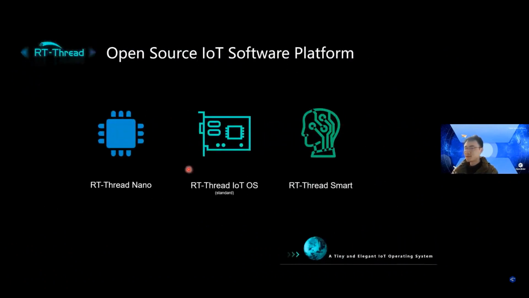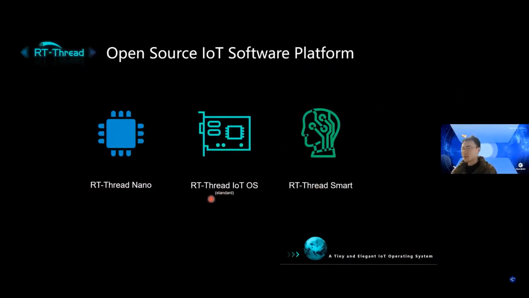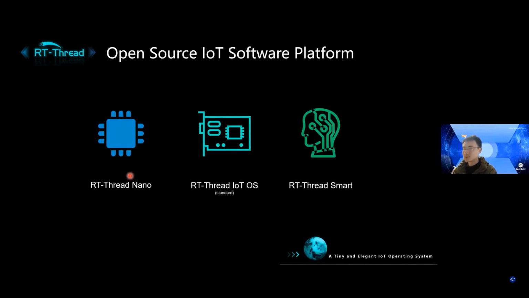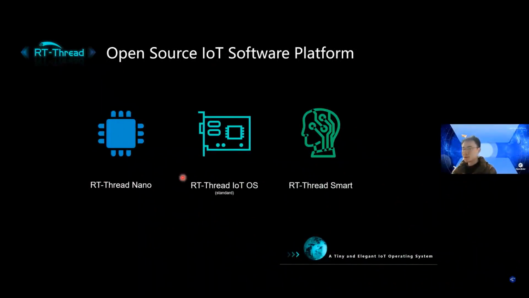Actually, there are 3 different versions of RTOS: the nano version, the standard version, and the smart version. In the previous demo, I used the standard version of RTOS. The nano version, as its name suggests, is pretty small. It takes roughly 3 kilobytes of flash and 2 kilobytes of memory to run on microcontrollers.